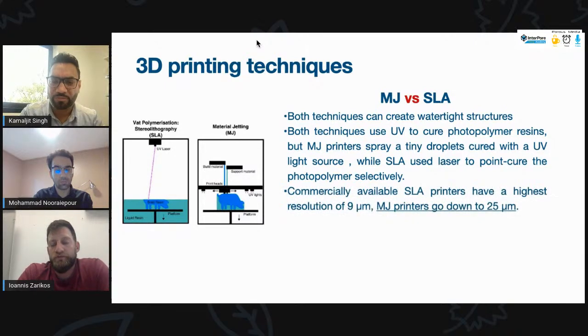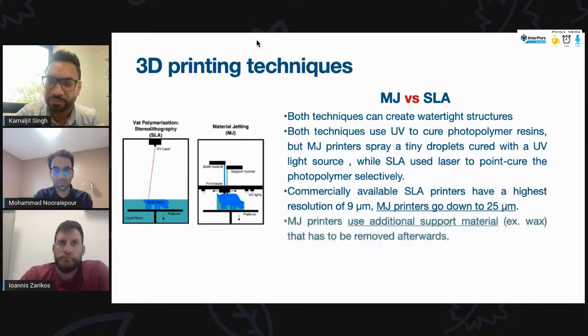Now, commercial SLA printers can go down to 9 micrometers, while MJ printers can only go down to 25 micrometers resolution. And that's a resolution only on the X and Y axis, not in the vertical direction. Also, MJ printers, also known as multi-jet printers, use a support material like a wax that has to be removed afterwards.